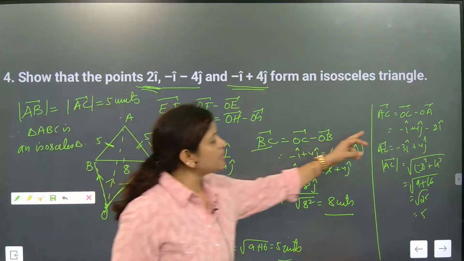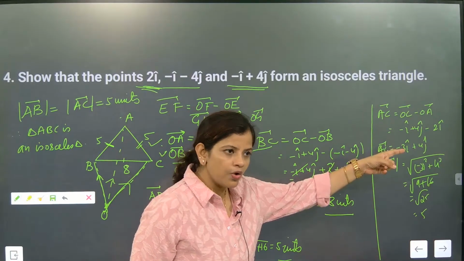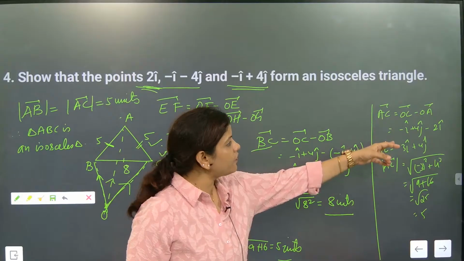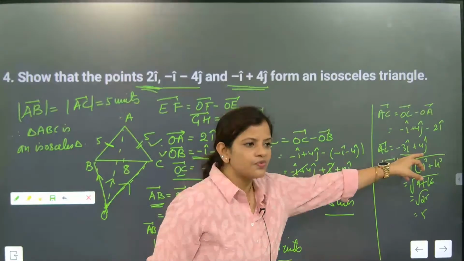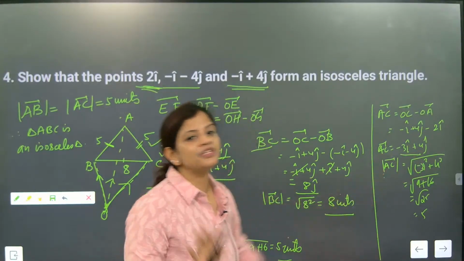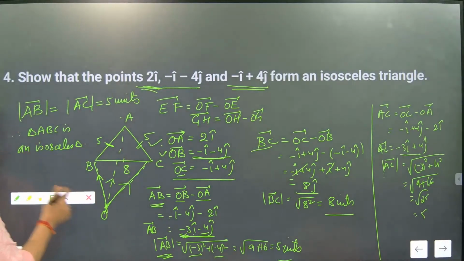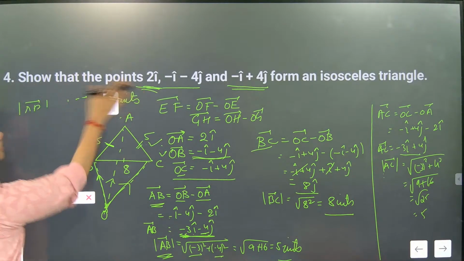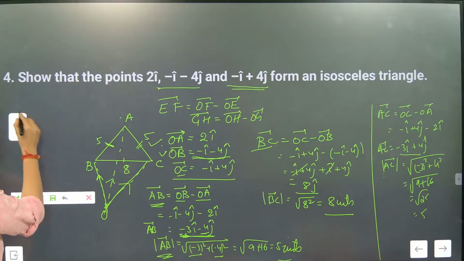When you are discussing AC vector, OC minus OA. The OC part is minus i plus 4j. Once you solve, how much are you getting? This one. Again, magnitude. What does magnitude mean? Please remember this part, everyone. If any vector, R vector, is given, listen carefully.